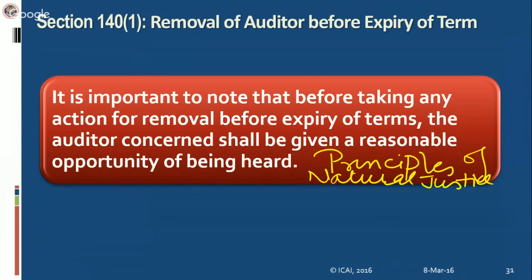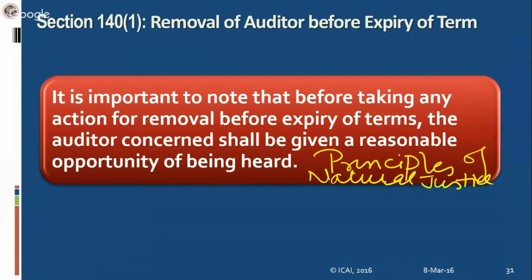Those students who have cleared group 1 will understand definitely that in income tax law these principles of natural justice are always adhered to by the assessing authorities. So whenever you are going to impose, I repeat, any financial burden on any assessee, you must give him a reasonable opportunity of being heard why such financial burden should not be imposed upon him.